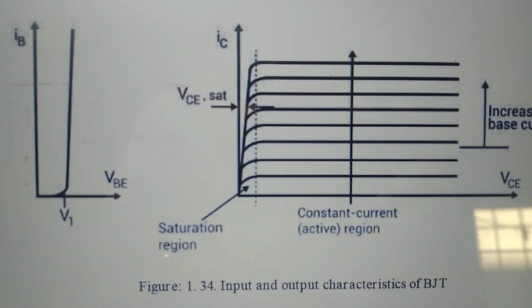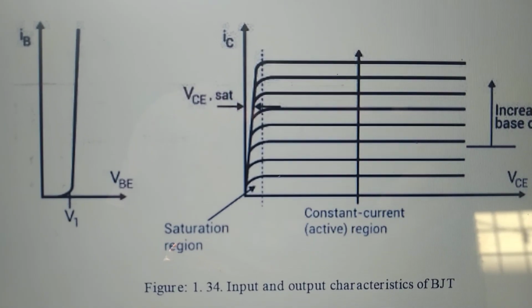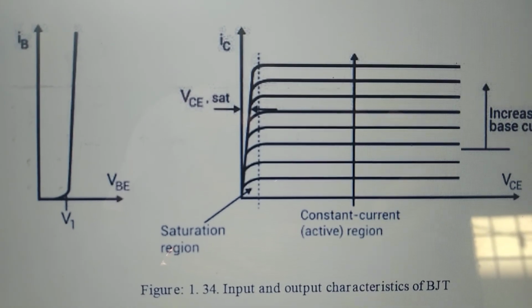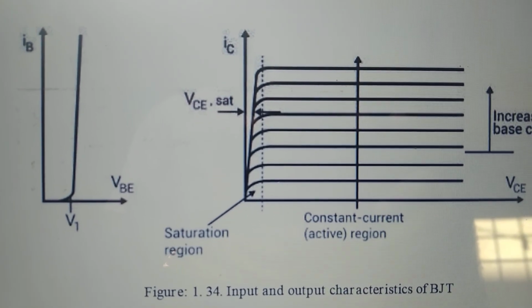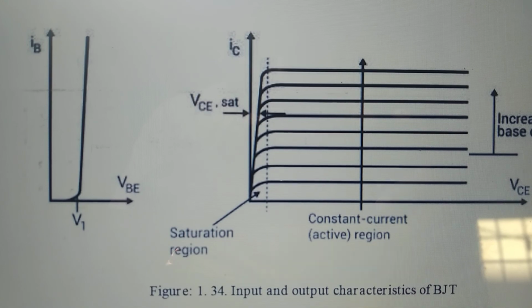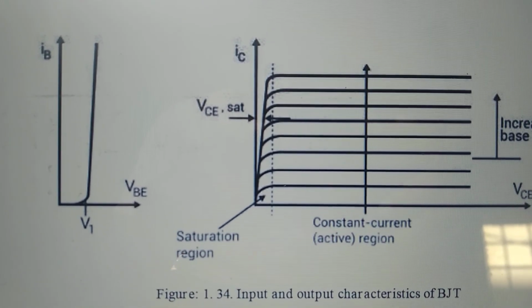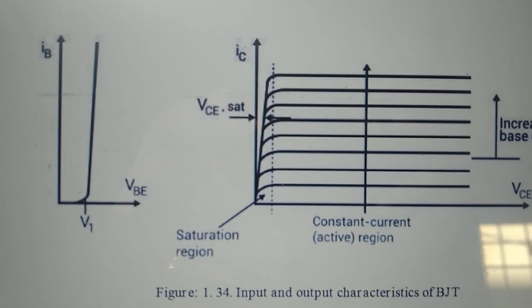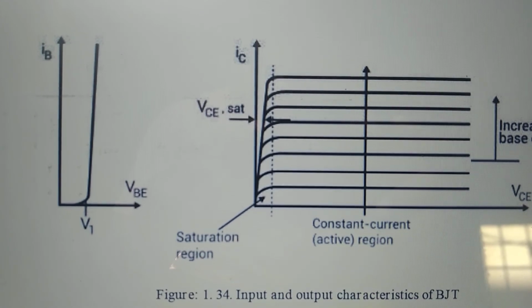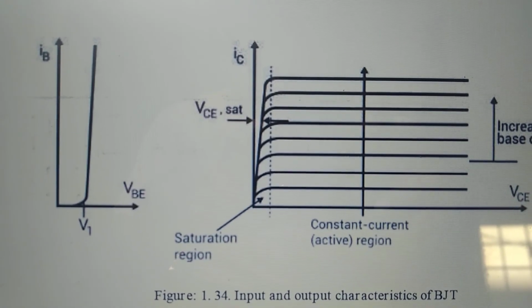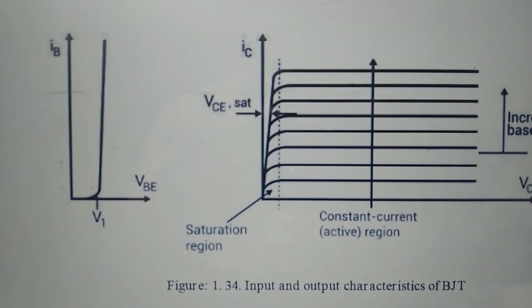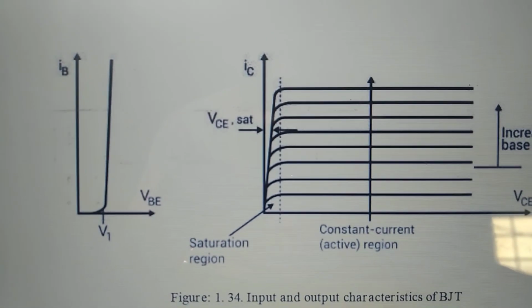Like that, we are applying two different voltages. Biasing voltage, we can say the voltage across collector and emitter. Like that, we apply the voltages and the operation takes place. After some voltage is applied across base and emitter, we can see this voltage value in the figure.